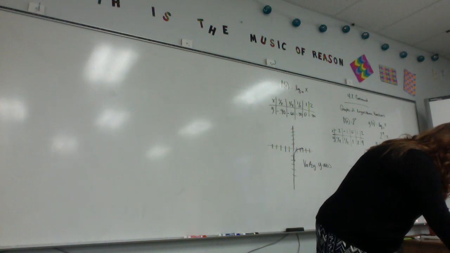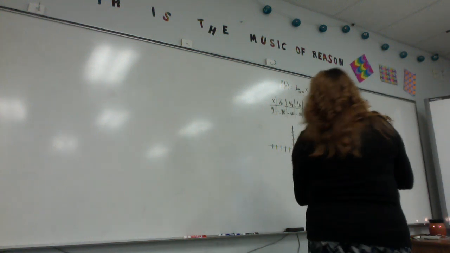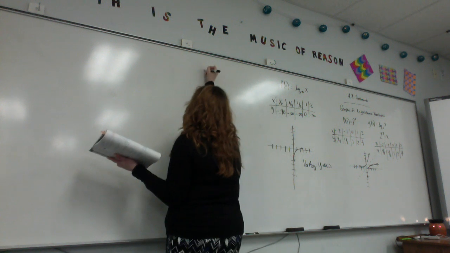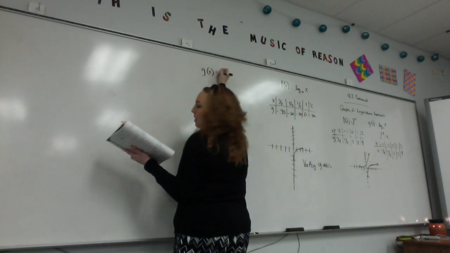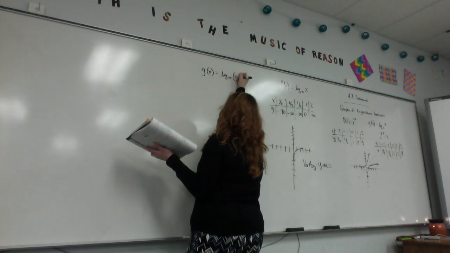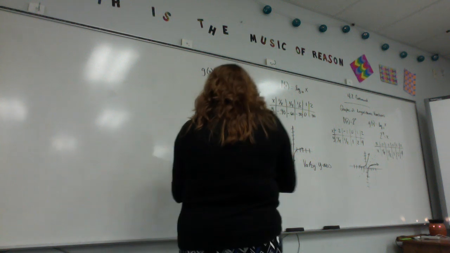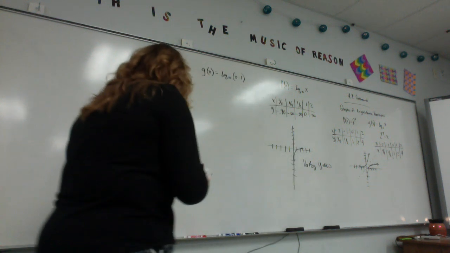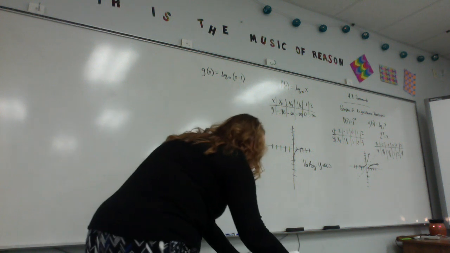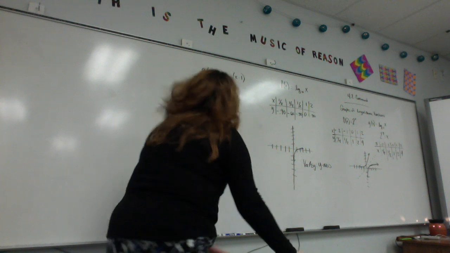Remember when there are things on the outside of my function or things on the inside of my function, it shifts what happens. So if I have a function that says g of x equals log base 10 of (x minus 1), okay, that means that my graph can be attained by shifting the graph that I just created, and I'm going to shift it to the right 1 unit.